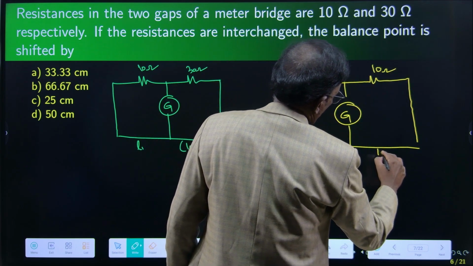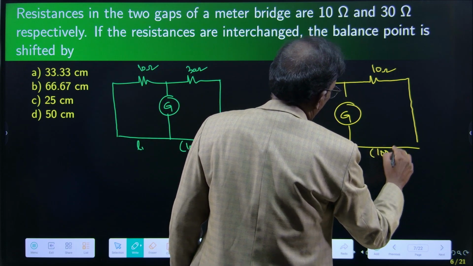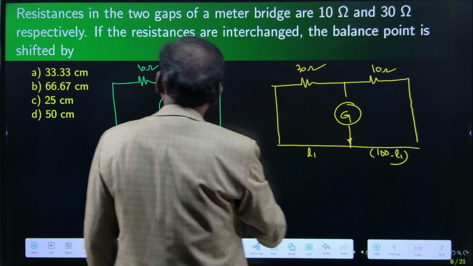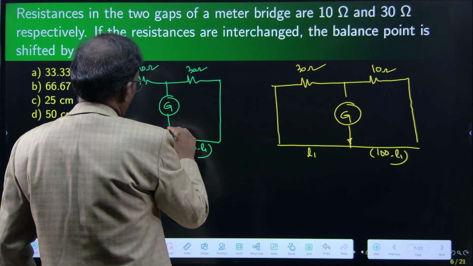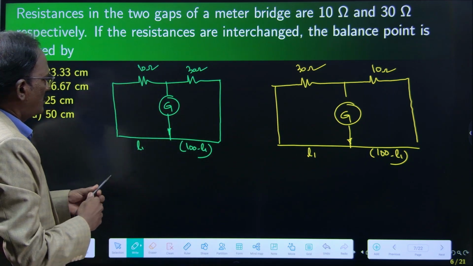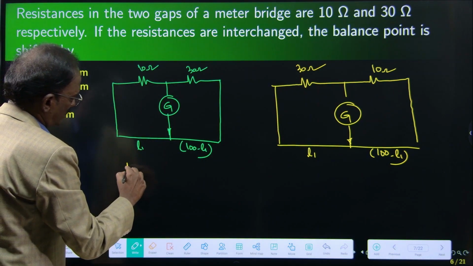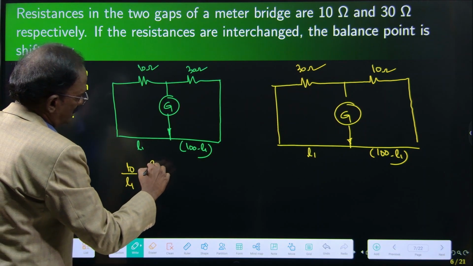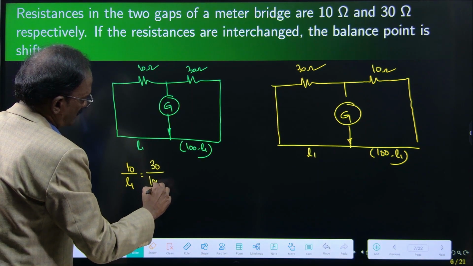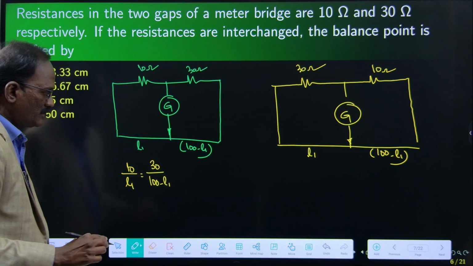L1, 100 minus L1, right? This is galvanometer, jockey point. Okay. 10 by L1, we will write the ratio. 10 by L1 is equal to 30 divided by 100 minus L1.